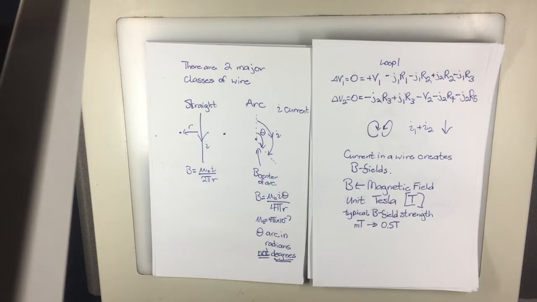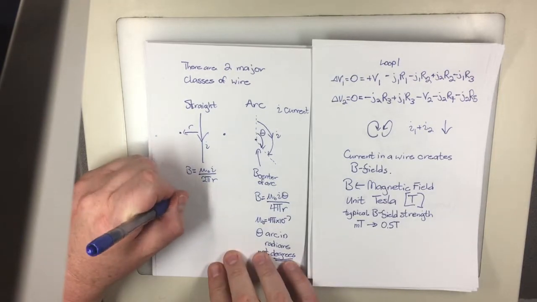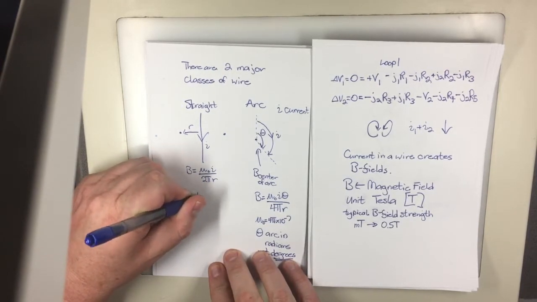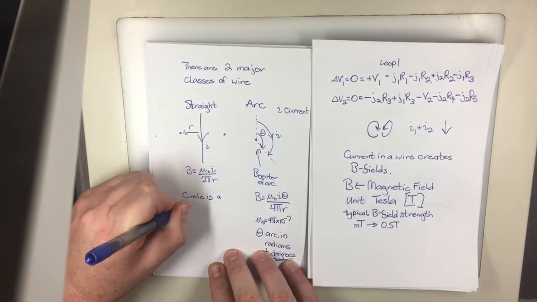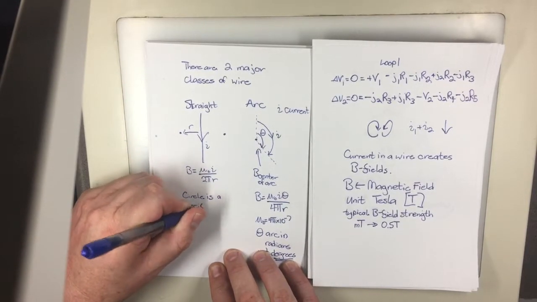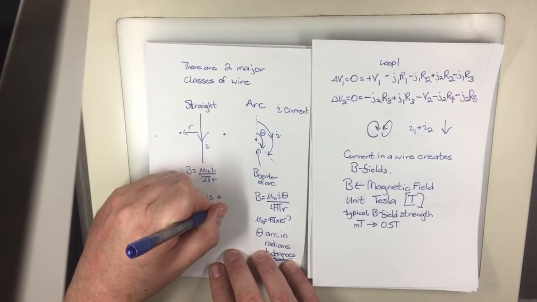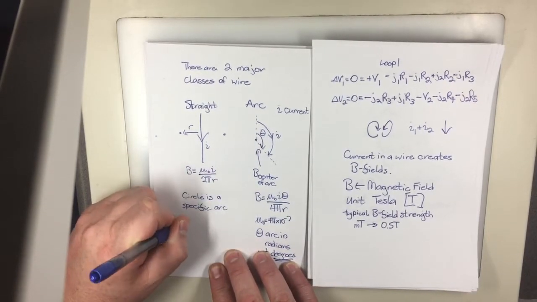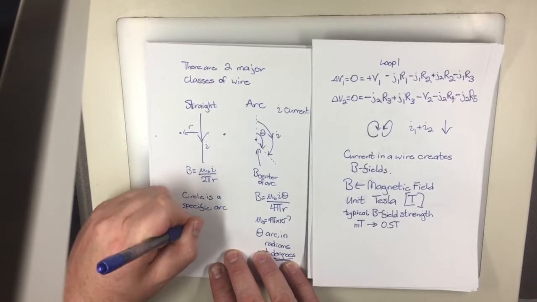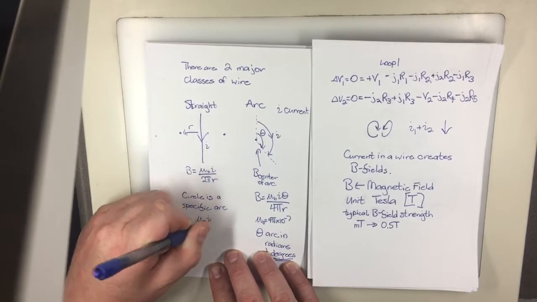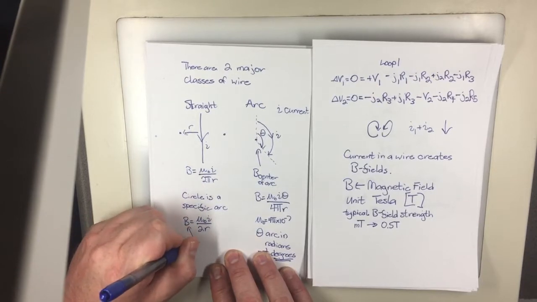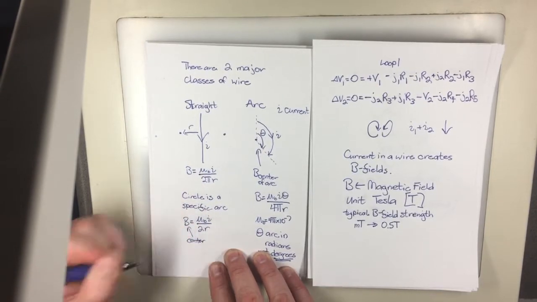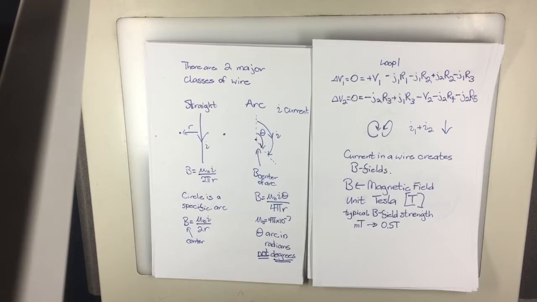Now, a circle is a specific arc. In fact, I'm going to give you the equation mu naught I over 2r. And that is the B field at the center of a circle. Don't worry, I'm not going to ask you about any other location around that wire.